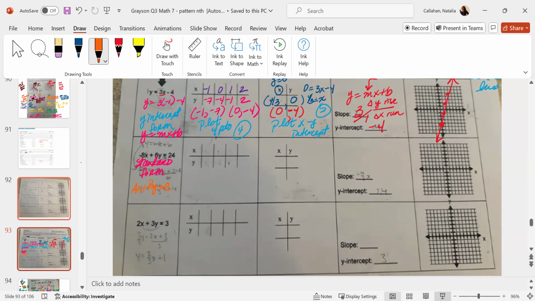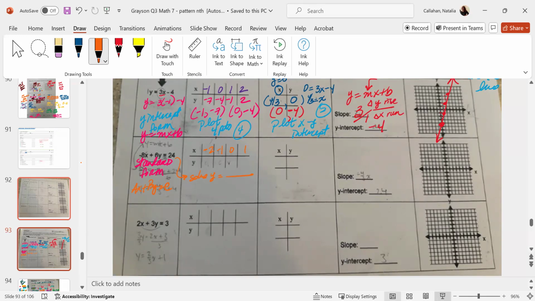You see that? Yeah. Okay, so for this one, you could do -2, -1, 0, 1. I don't care. You could pick whatever points you want. Okay. But because this is standard form, it's going to be a little bit harder for you to solve because it's not in y-intercept form. So we have to solve for y, so that way you put it in that form, right?